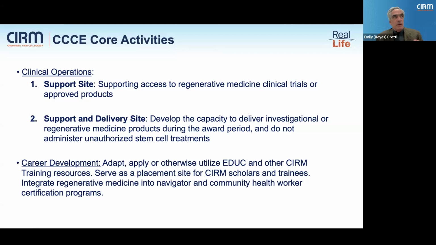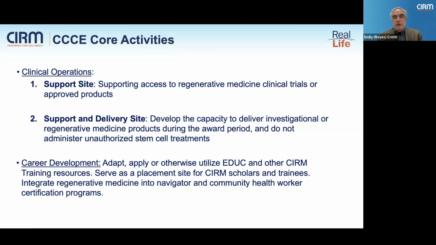That support can come in two varieties. At a minimum, the site would need to be able to support access to regenerative medicine clinical trials or approved products. And again, in the RFA, the level of what that support looks like is elaborated on in more detail. Or you may choose to come in as what we're describing as a support and delivery site.